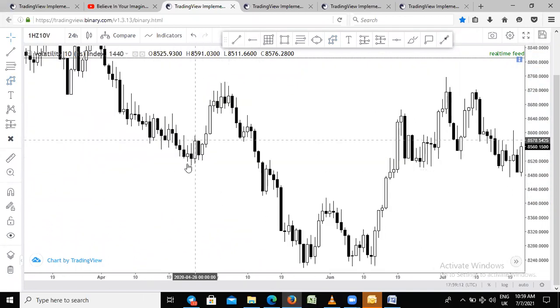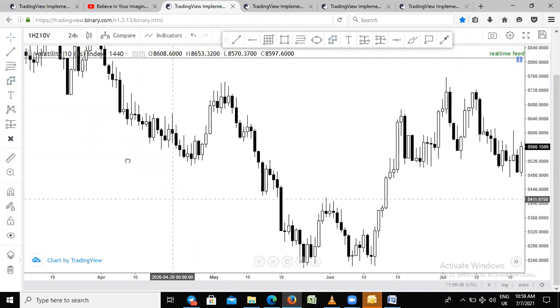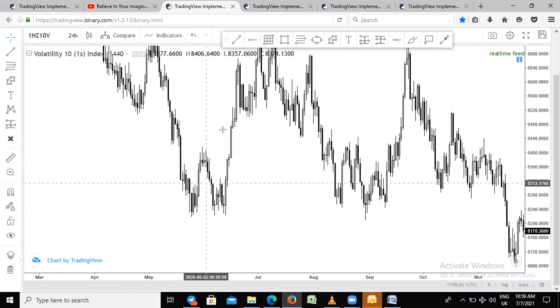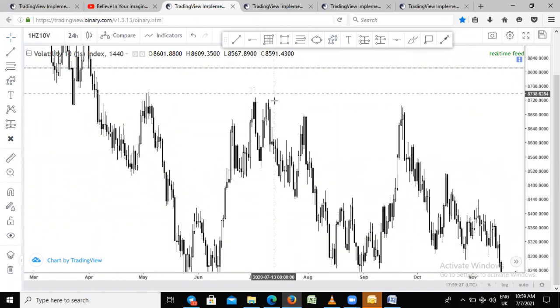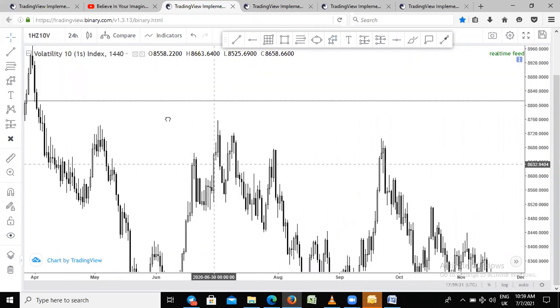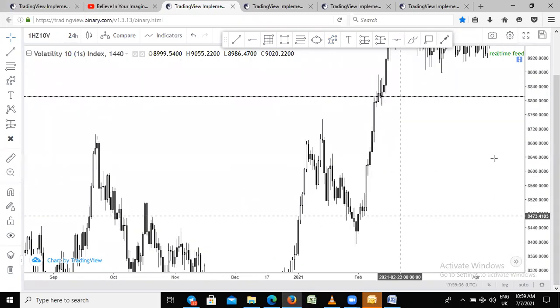We had this first bearish candle. How many bullish candles? 1, 2, 3, 4, 5, 6, 7. So this is a valid lower high, right? Good. So very, very probable. You can do your backtest over and over again and confirm this.